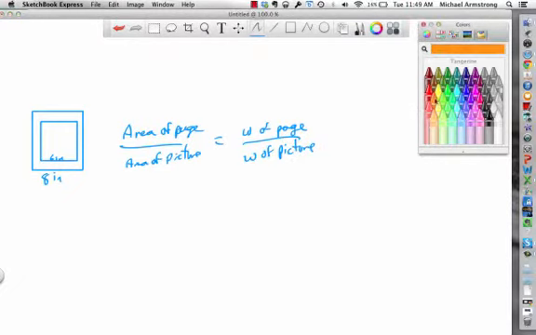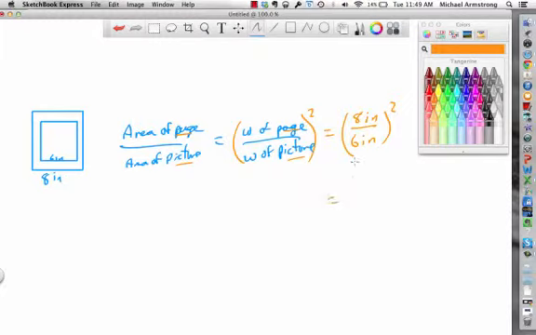It's important to remember that if I have page up here, then I keep page up here, and if I have picture down here, I keep picture down here. So the width of the page, I almost forgot to square it. Okay, so the width of the page was 8 inches over the width of the picture, which was 6 inches. Notice I've got the large one on top this time. It doesn't matter as long as I keep it going.